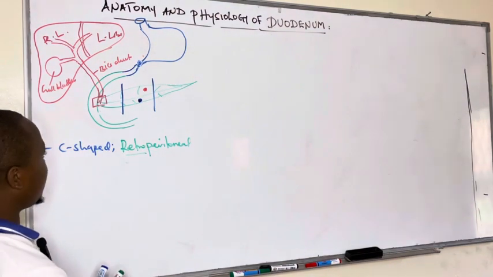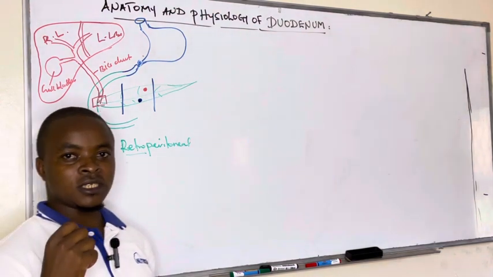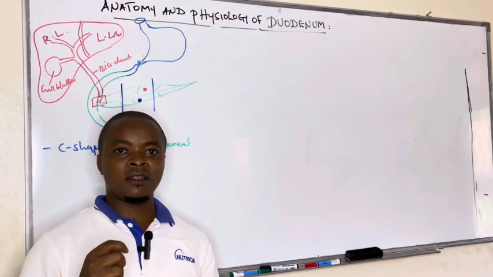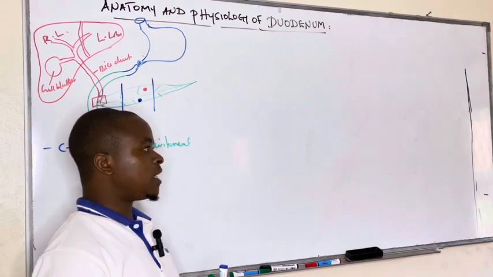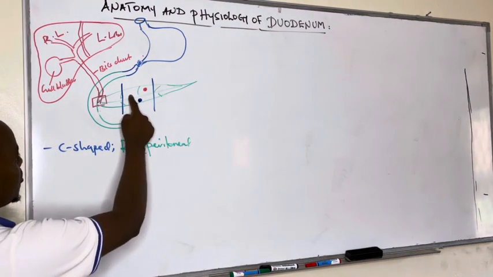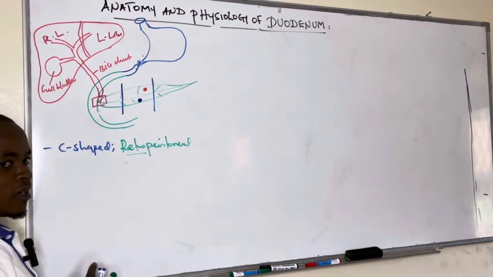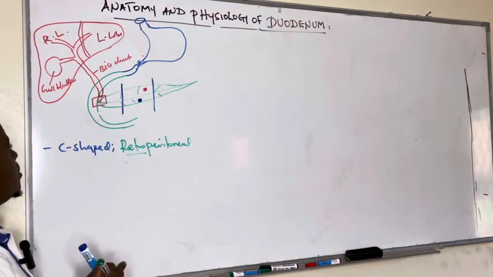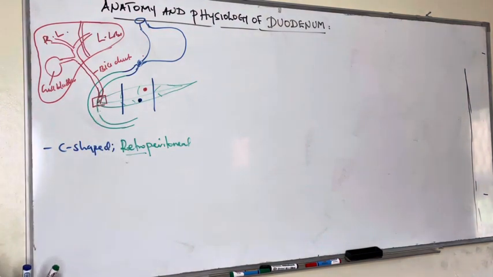We have said it is the first part of the small intestine, and that it has accessory organs, the pancreas and the liver. All of them meet at the duodenum.